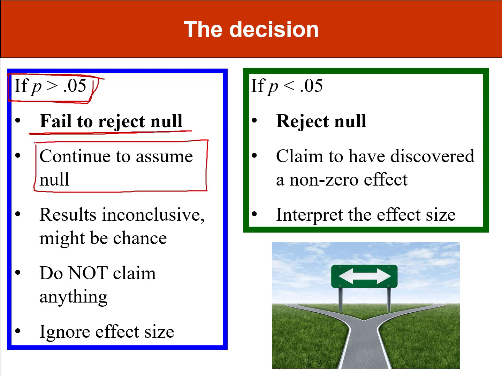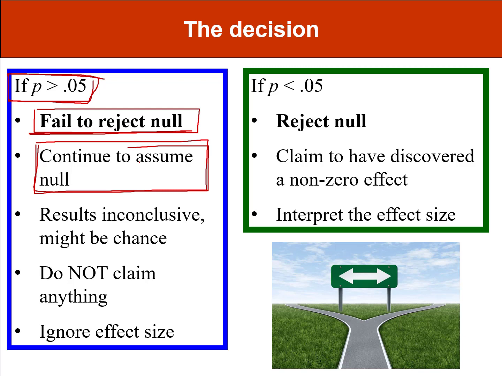I said we start the whole process of significance testing by merely assuming the null hypothesis is true. And so if we fail to reject the null hypothesis, it simply means we're just not going to change our assumptions. We started off just assuming the null hypothesis is true. Our study didn't give us sufficient reason to reject that null hypothesis. So we're simply going to continue assuming the null hypothesis is true.